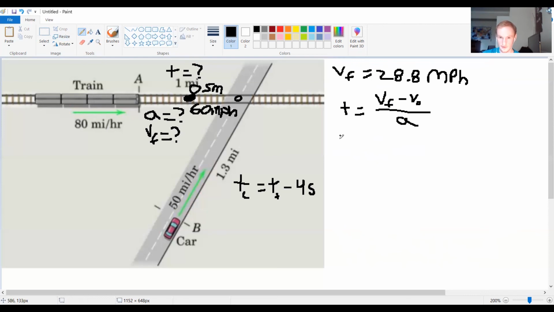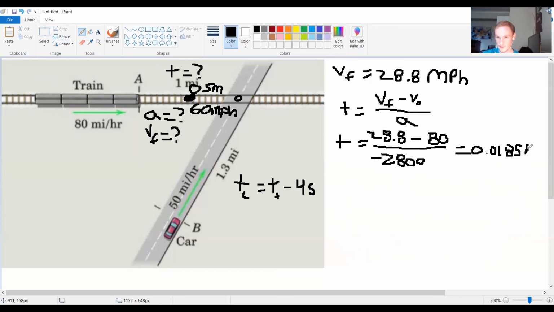If we plug everything in, we get t equals 28.8 minus 80 divided by negative 2800, which will give us 0.0185 hours.